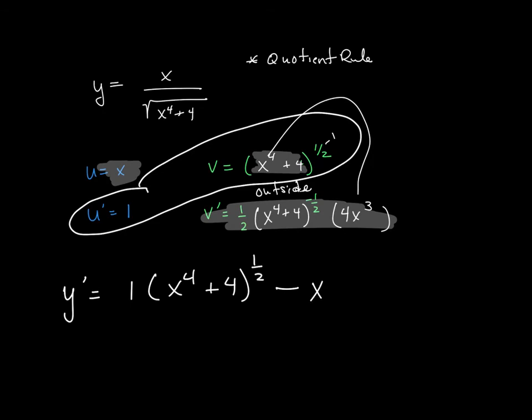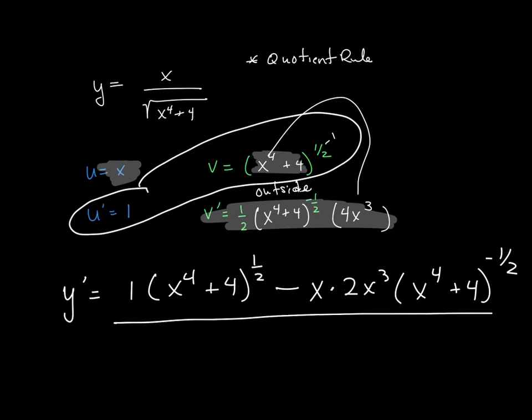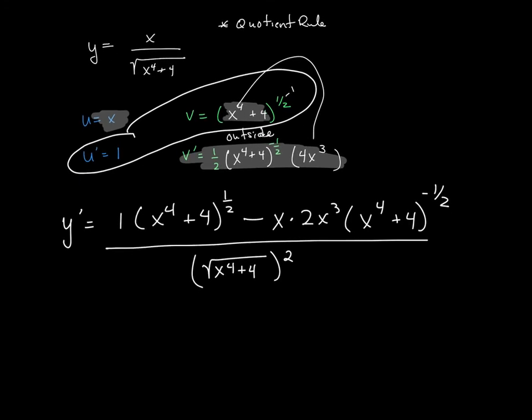And I'm going to combine the 1/2 and multiply it times 4x to the 3rd, and that's just going to leave me with times 2x to the 3rd times x to the 4th plus 4 to the minus 1/2 power. Again, this is all over the denominator squared, so it's the square root of x to the 4th plus 4, quantity squared. Now we need to simplify this a little bit.